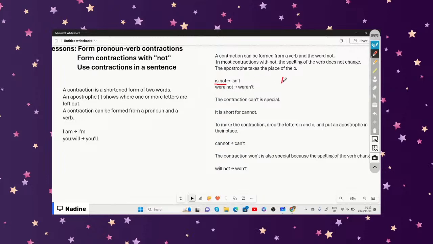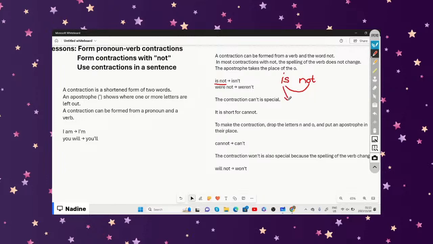So our verb is stays the same, right? So now what we're going to do is, not is and not, right? So we need to put these two words together. We need to add these two words together to make a shortened one word, right? Isn't, by adding our apostrophe also.